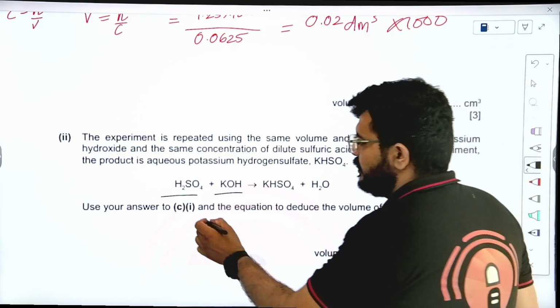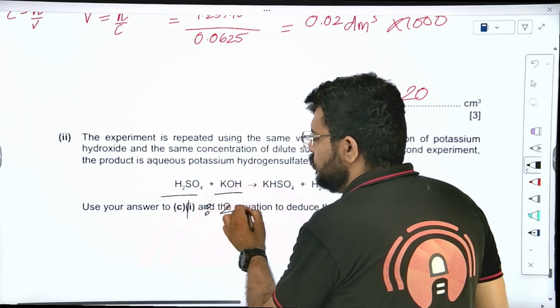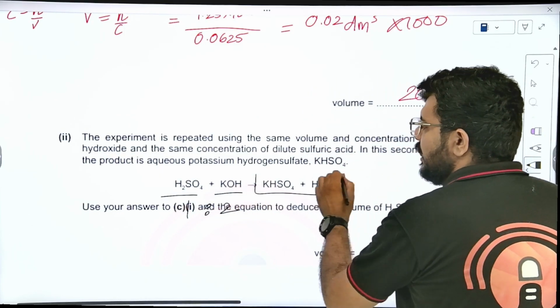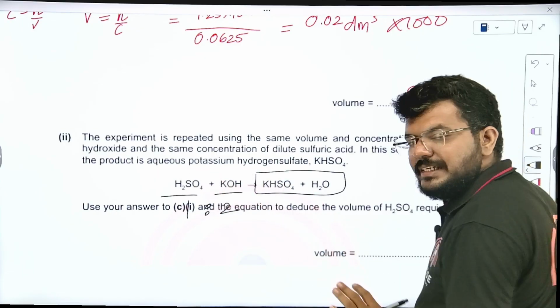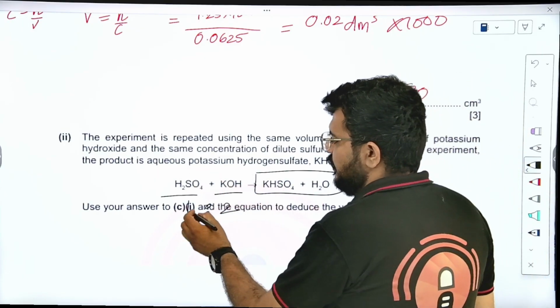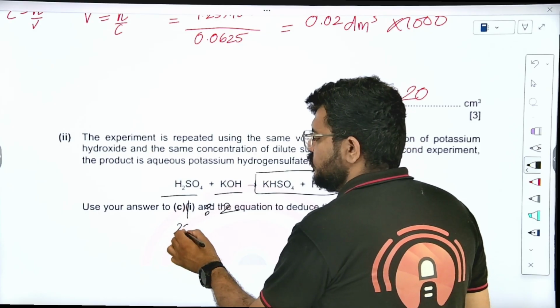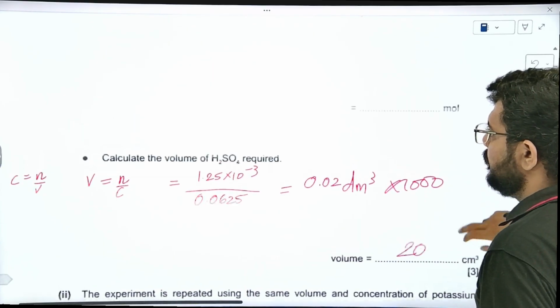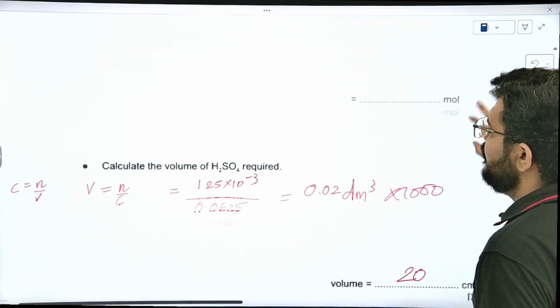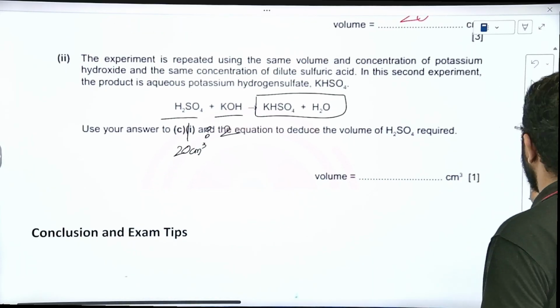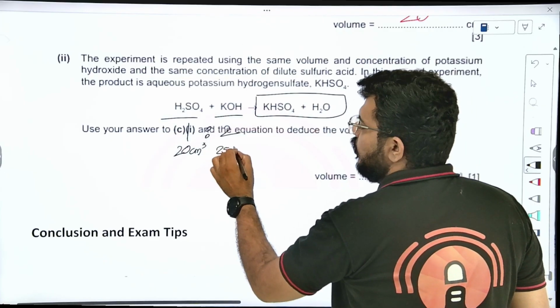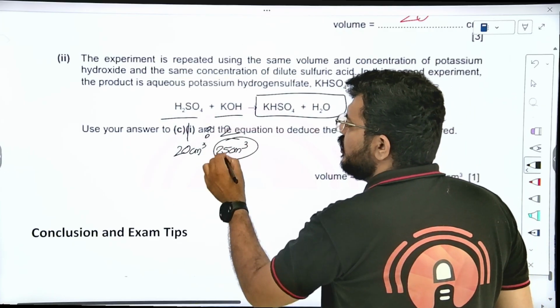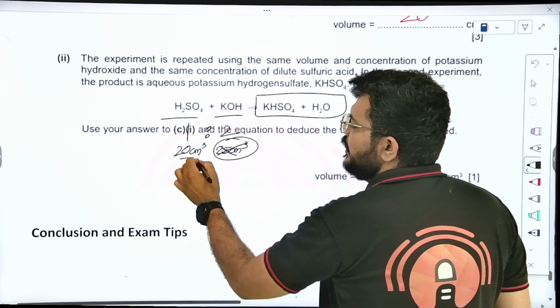Let me also write this down. When it was 1:2, then see, this does not actually matter right now. This is okay for us to understand. When it was this situation, 20 centimeter cube was required when you use 25 centimeter cube of the other thing. Although the ratio is not for just volume, I'm just explaining it to you.